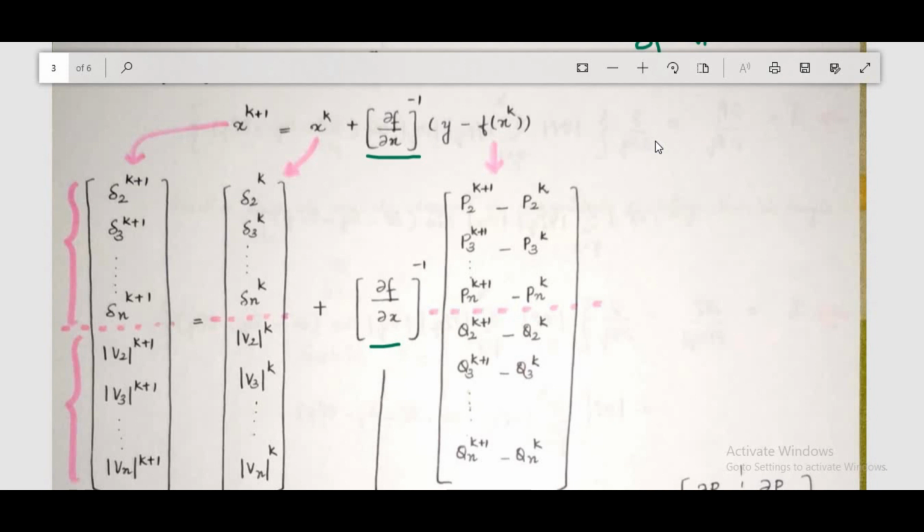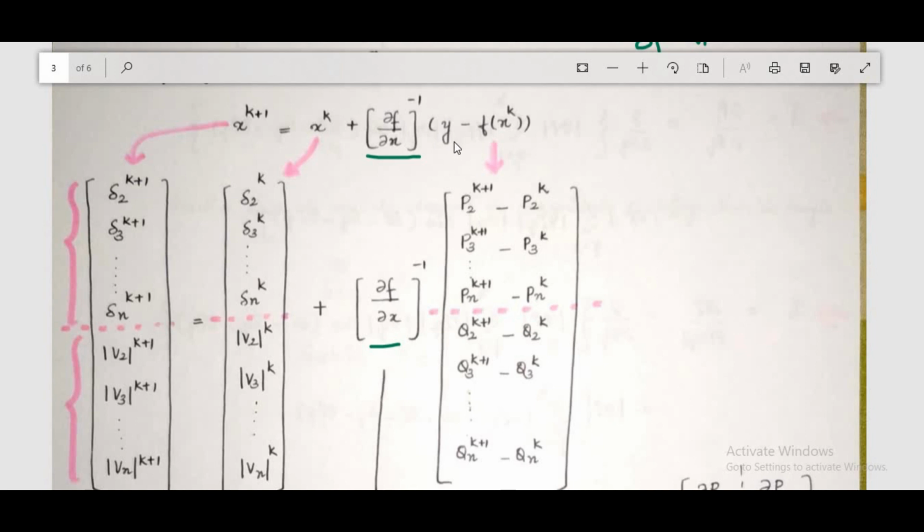No. Since there are n number of buses, we have P from P2, P3, P4, etc. up to Pn, and Q also from Q2, Q3, Q4, etc. up to Qn. We did not consider P1 and Q1. Why? Because first bus is slack bus. We can neglect all the parameters of a slack bus. So our count will be starting from 2.